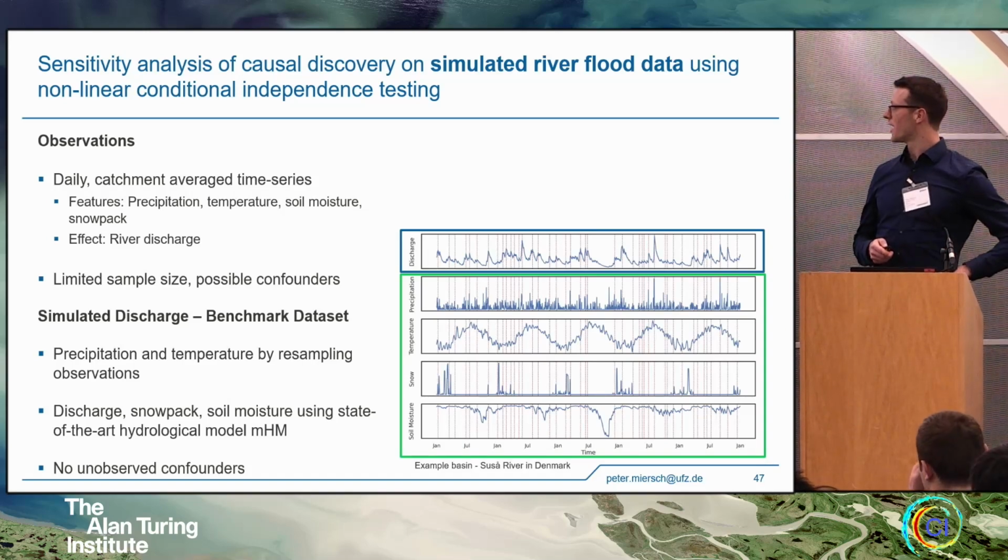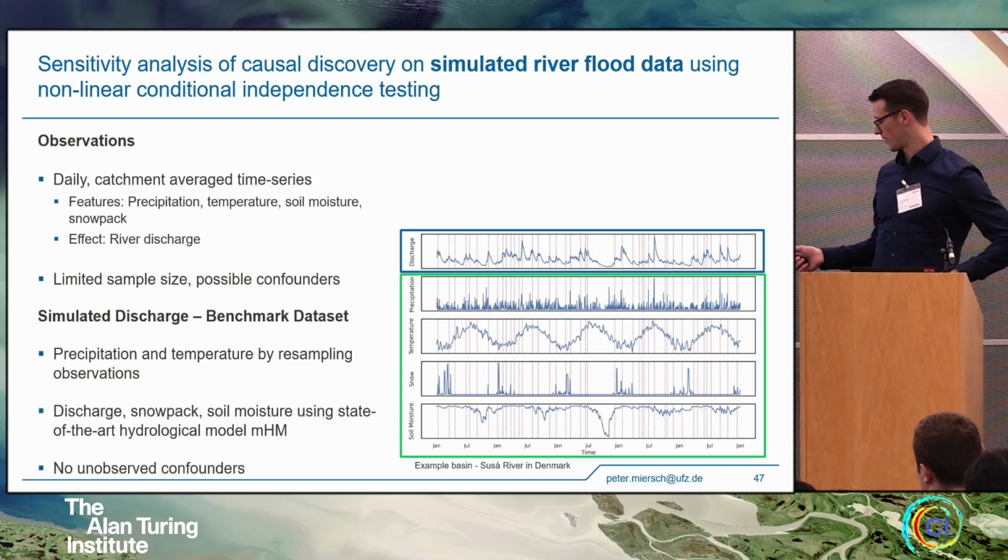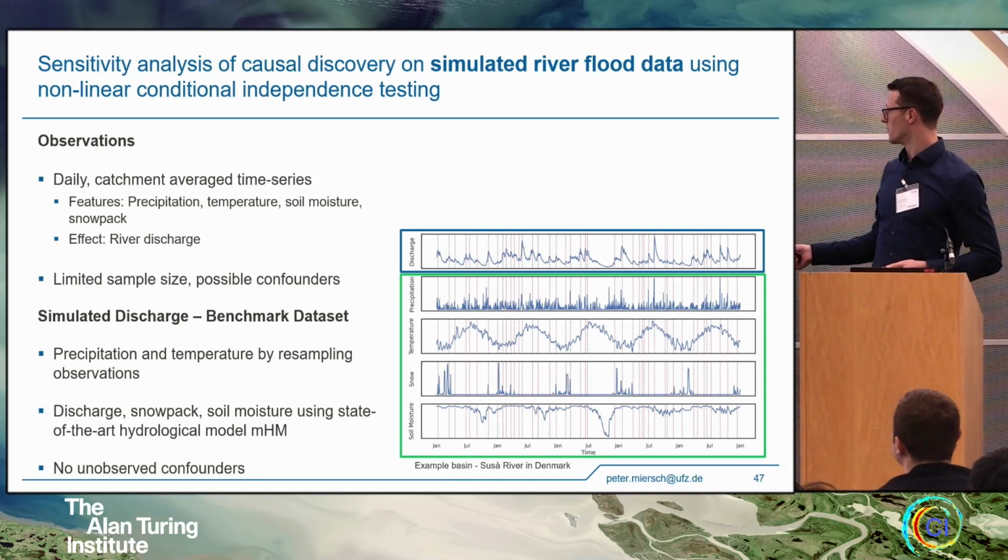And this is then what the time series looks like, more or less. On the top, we have discharge. This is our effect that we want to study. And on the bottom, in green, we have the 4 different drivers. And you can, for example, see very well that the temporal structure of temperature is still present, and that we also get snowpack only in the winter months, where it's melting in spring.